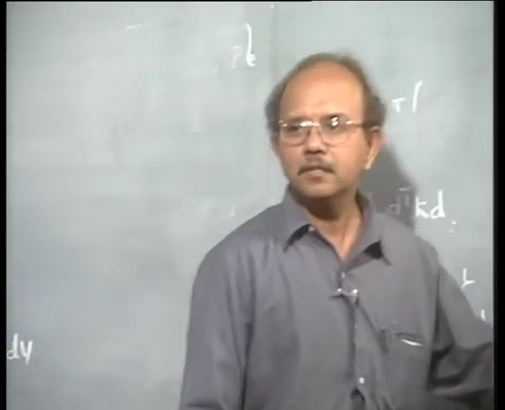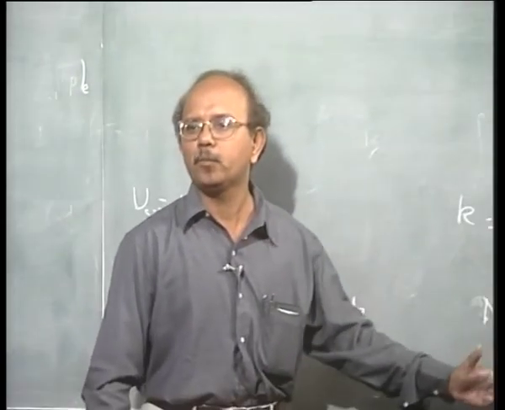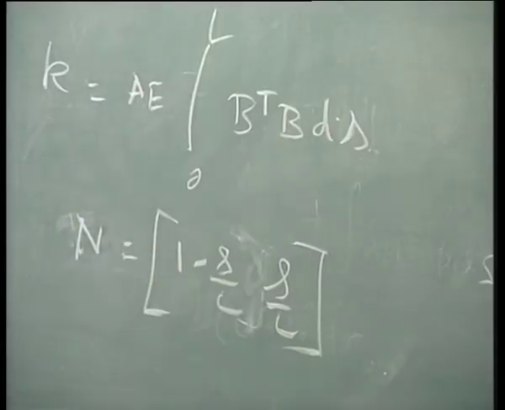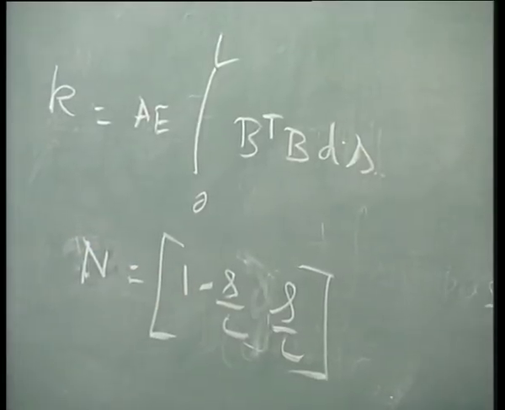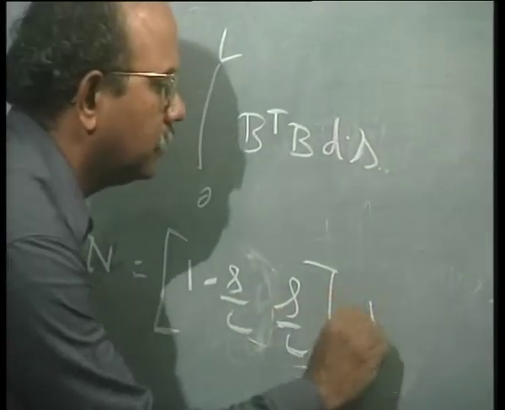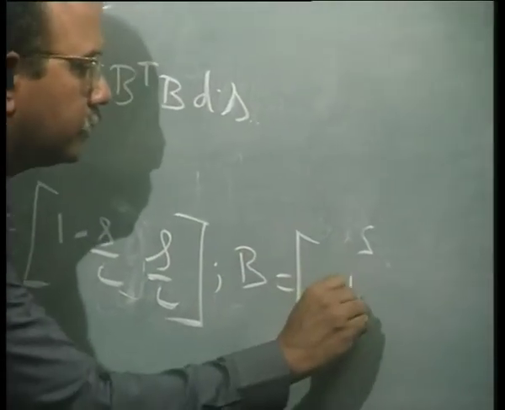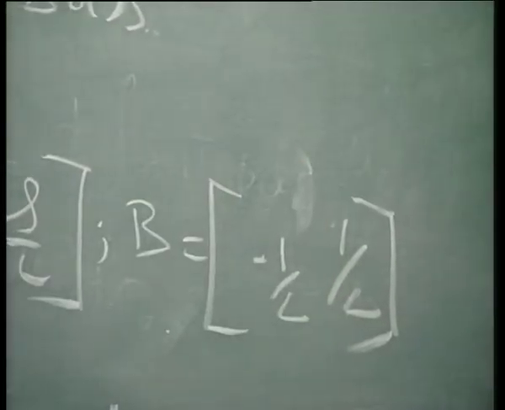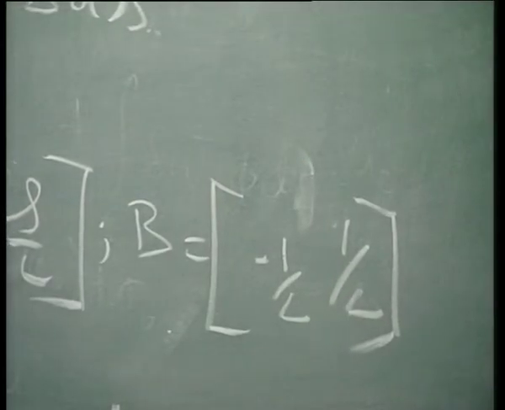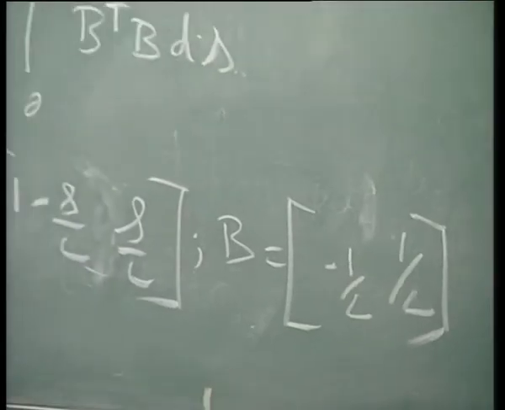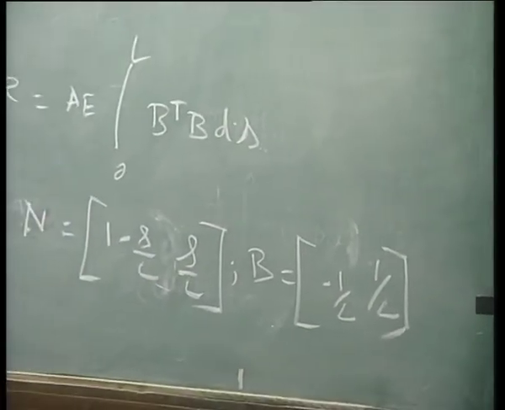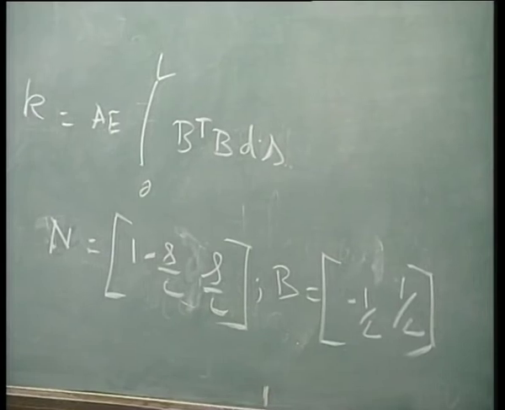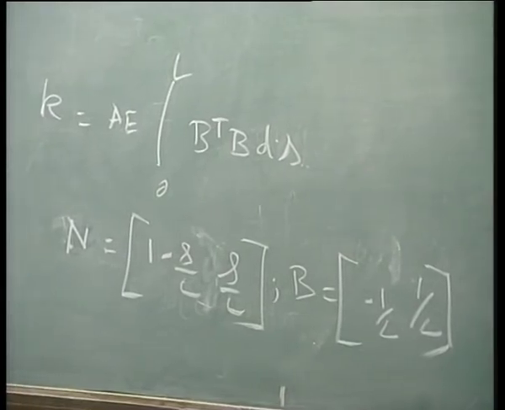So B is equal to minus 1 by L, 1 by L. Substitute it, tell me whether you are able to get the terms.